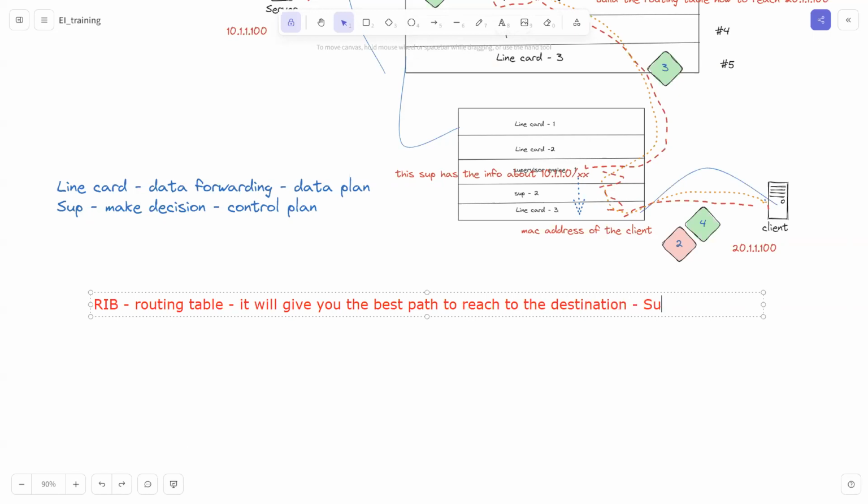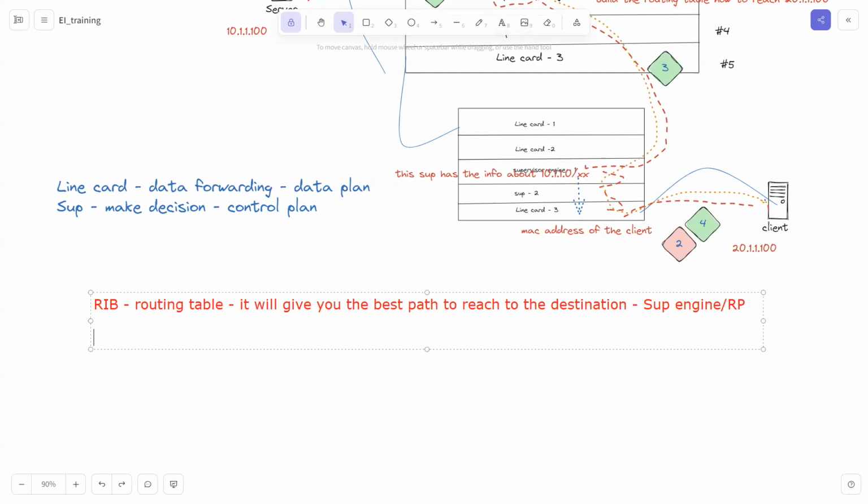And in the switch, it is happening in the supervisor engine. And in the routers, the route processor, RP, is taking this decision, right?